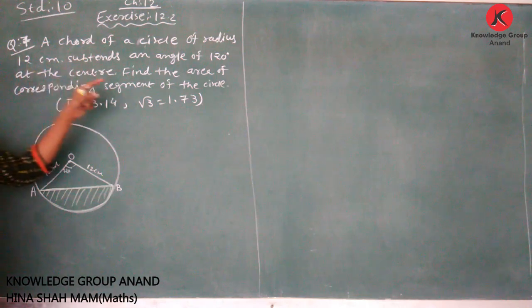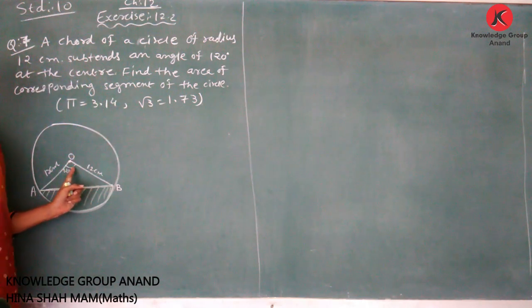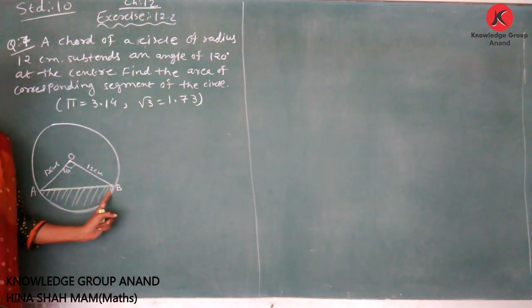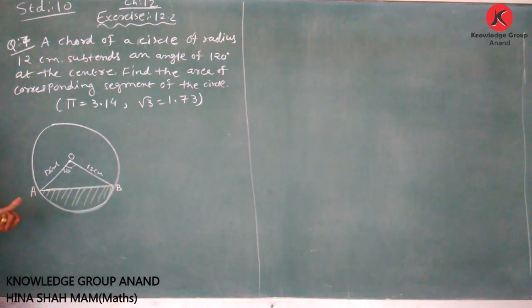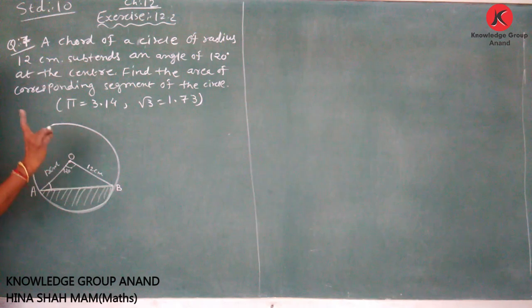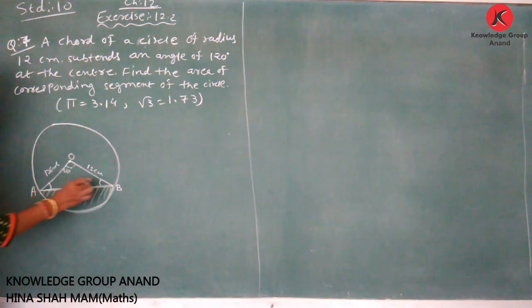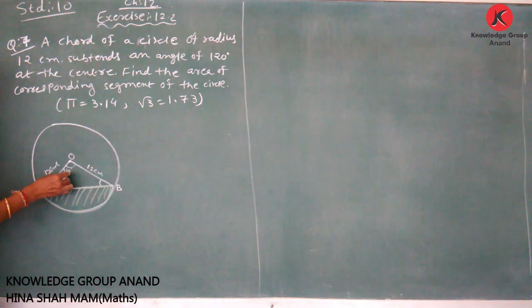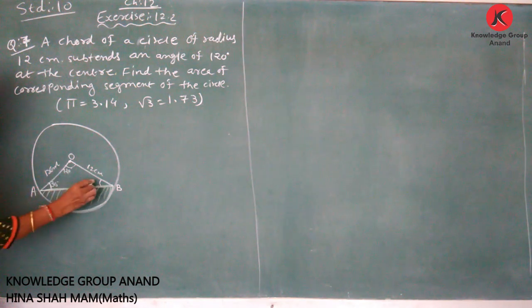In question number 5 and 6, subtended angle is equal to 60, then other angles are equal to 60, then we find equilateral triangle and use area of equilateral triangle. Here we find these two angles. 120, 180 minus 120 is 60, then it is 30 each, opposite angles of equal sides are equal.